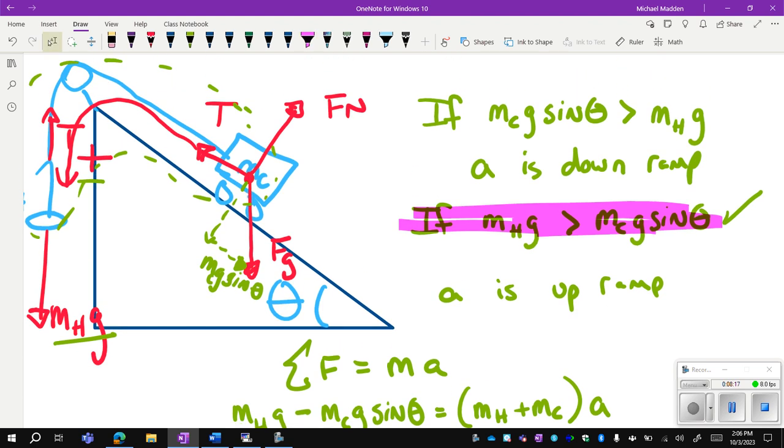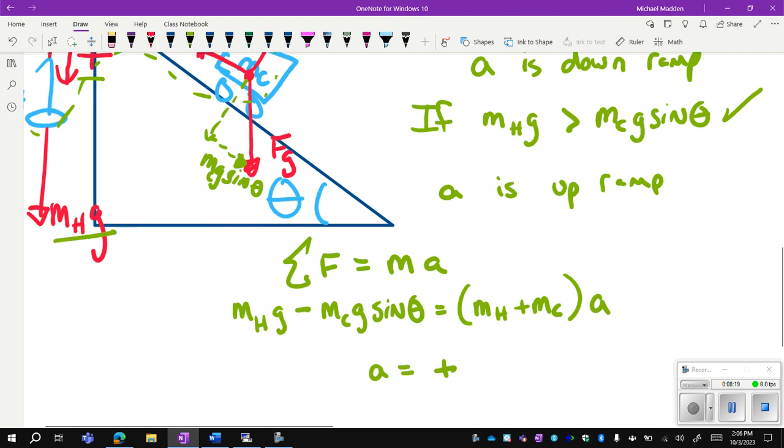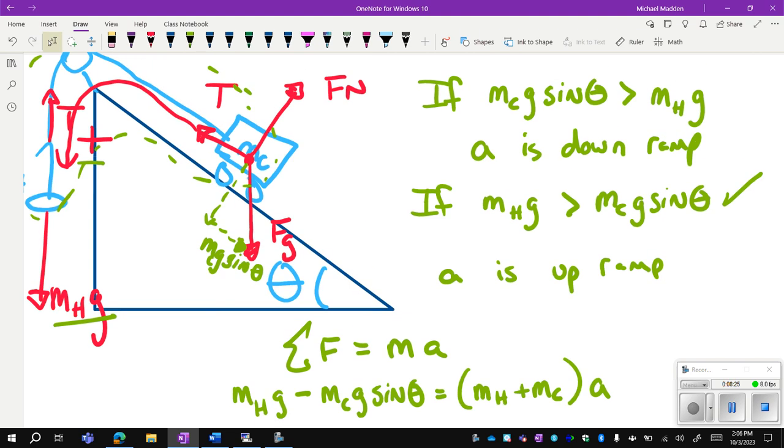If the opposite is true, and I end up with a negative acceleration, then all that means is that mcg sine theta, in other words this value right here, is greater than that value right there, and the cart's going to accelerate down and the hanging weight's going to accelerate up.